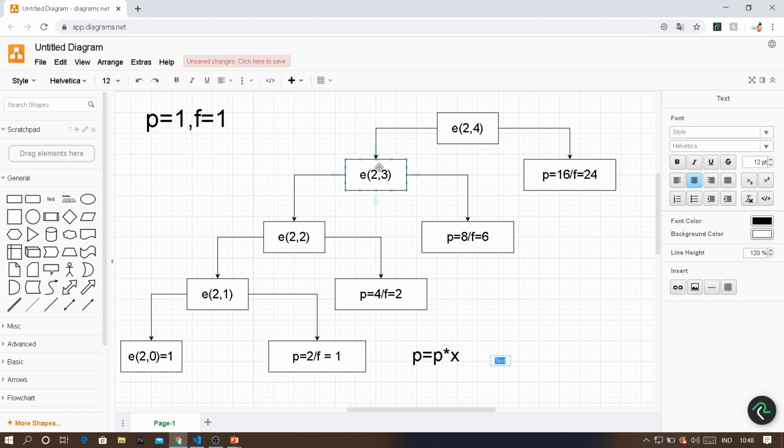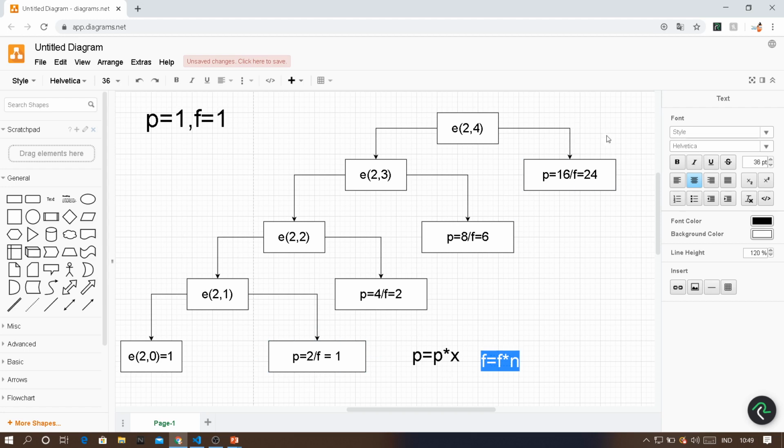Here the n value is 3, so you multiplied your f value with 3. Here your n value is 4, so you multiplied your f value with 4. So we can write f = f multiplied by n. This is the general formula that I can write for you. So p = p multiplied by x and f = f multiplied by n.